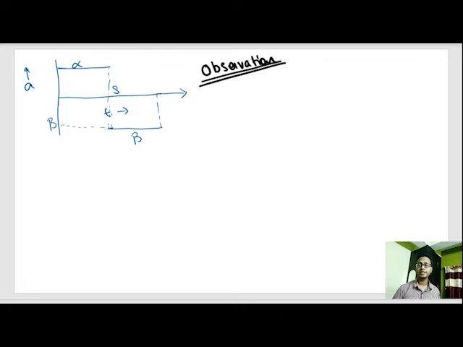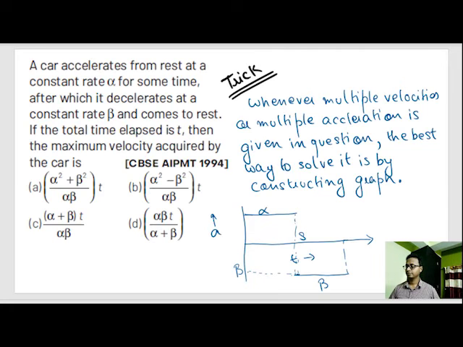The acceleration is constant till time t or till time s. Let's convert this to p and t. Instead of s, I am writing p because it might create confusion with displacement.